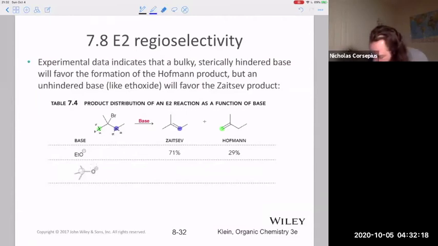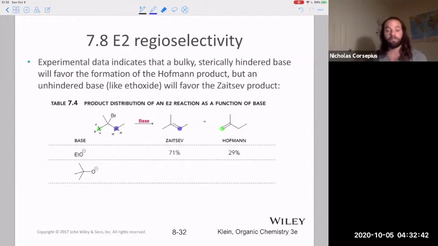But now what if we use what's called tert-butoxide? First of all, structurally, what's the difference here is we have a bulky base, or a sterically hindered base, with all those different substitutions on that carbon group. That's going to affect this base's ability to approach the more sterically hindered hydrogen.